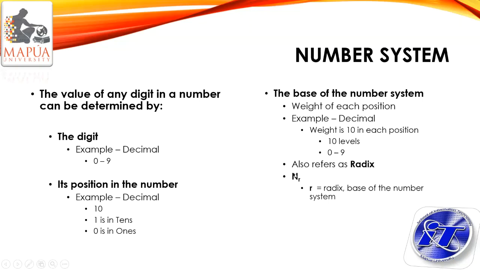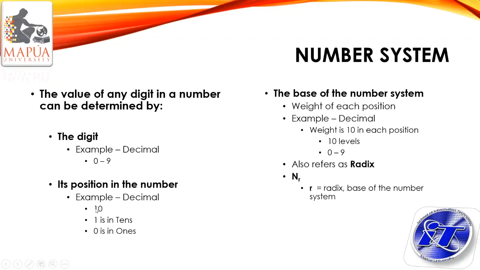And also, we could have multiple digits in a number. We could have 3 digits, 4 digits, 5 digits. And each position in that number will define how big the digit is. So for example, in decimal, we have 1, 0, or 10.